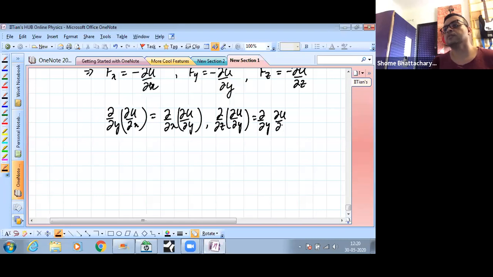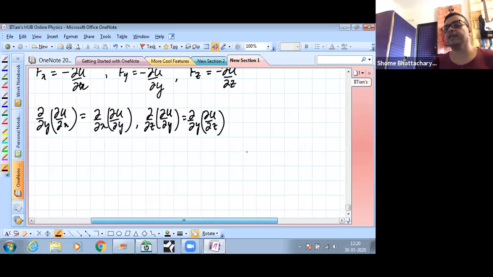Okay. So this is between y and z, and simultaneously it also holds for x and z. So this is like we're just using a property of partial derivative. Okay, but we are now operating that property for 3 pairs.